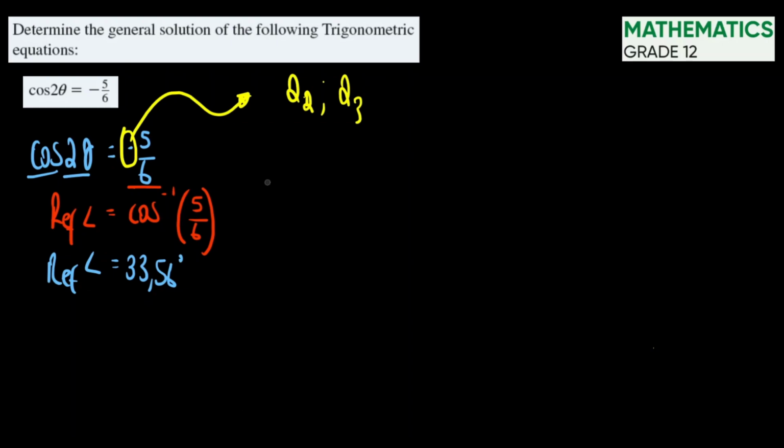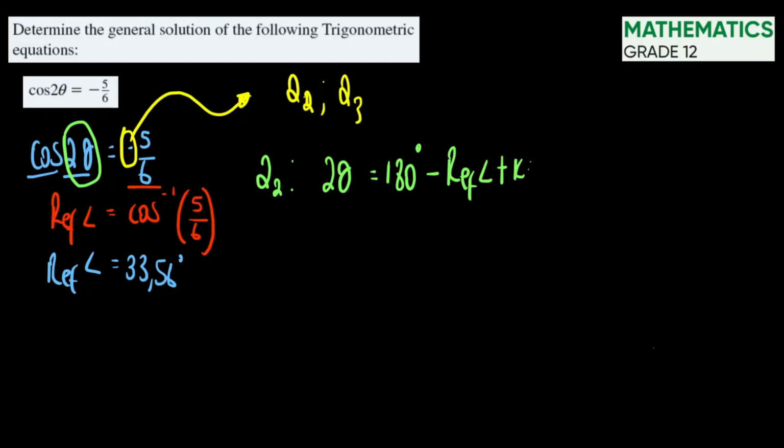Remember we said we're looking at quadrant 2. With quadrant 2, our solution will be 2θ = 180 degrees minus our reference angle, plus k times 360.